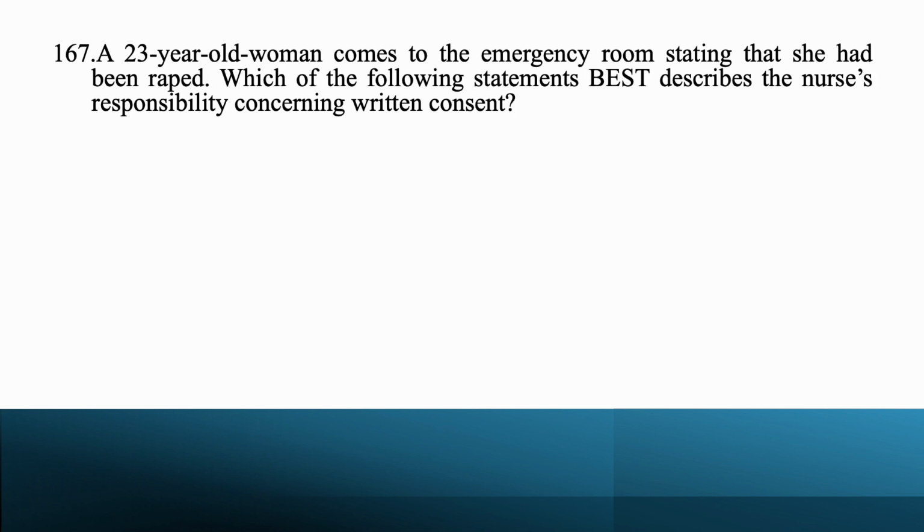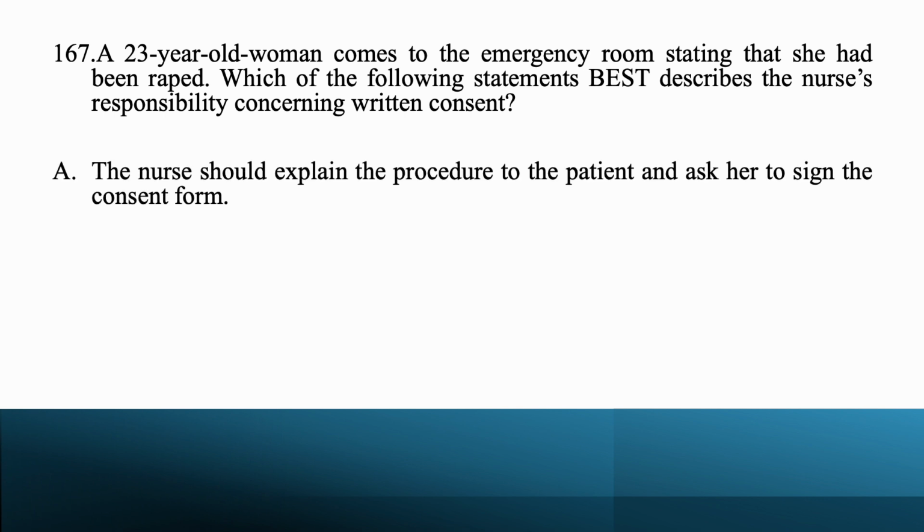Question number 167. A 23-year-old woman comes to the emergency room stating that she had been raped. Which of the following statements best describes the nurse's responsibility concerning written consent? Option A, the nurse should explain the procedure to the patient and ask her to sign the consent form.